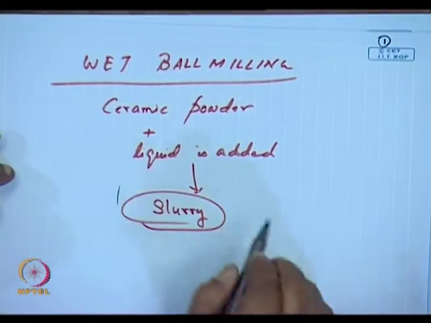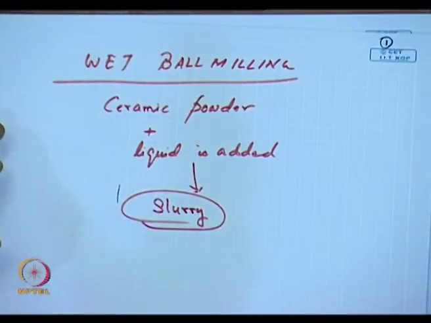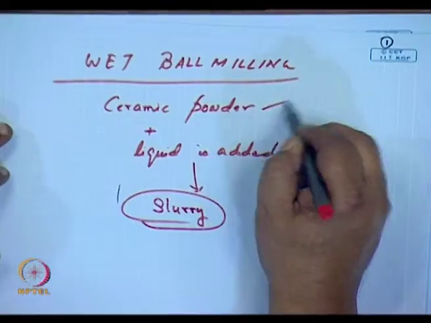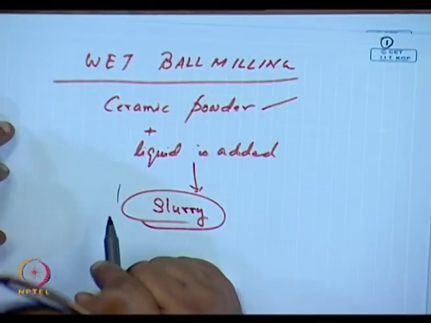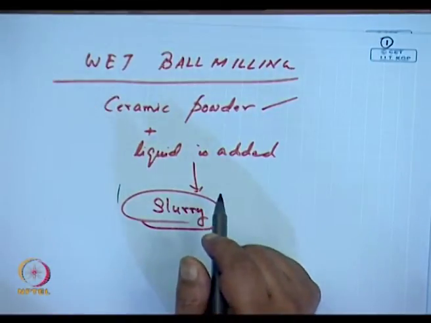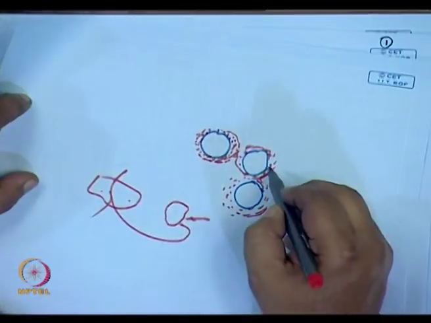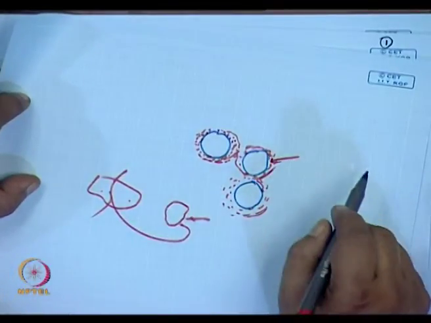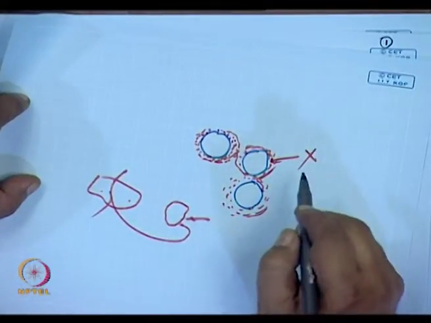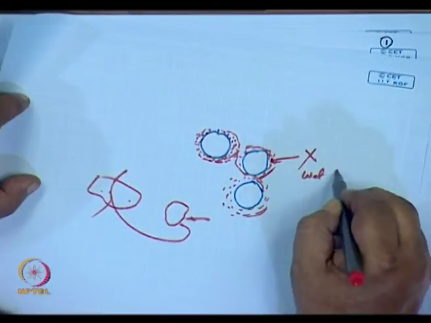You know what a slurry is. During the rainy season, the soil is so full of water, it becomes a slurry. And what we have got is a very viscous liquid which has these powders dispersed in it. The advantage is that this sort of sticking will not occur in wet ball milling.